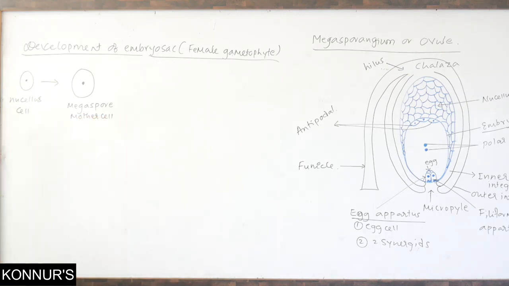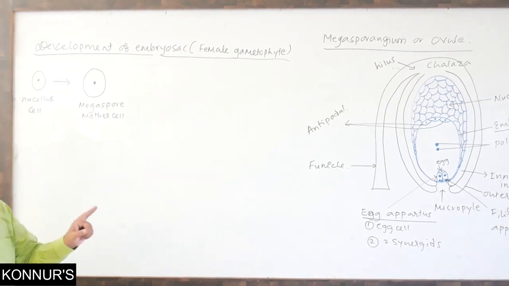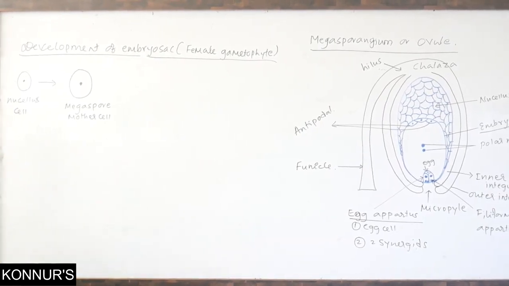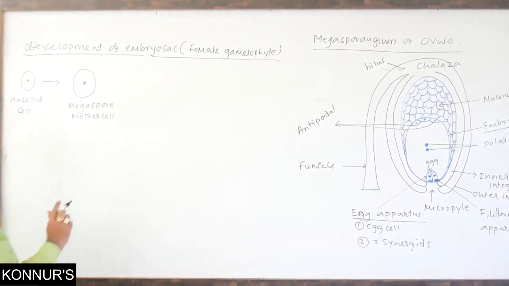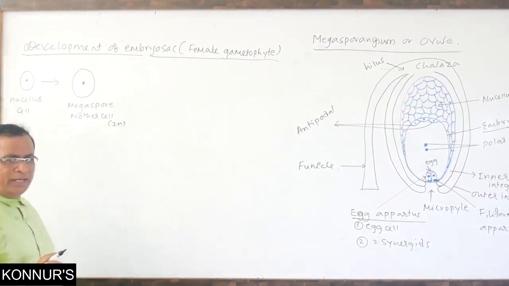One other nucellus cell towards micropyle becomes megaspore mother cell. It is diploid in nature.